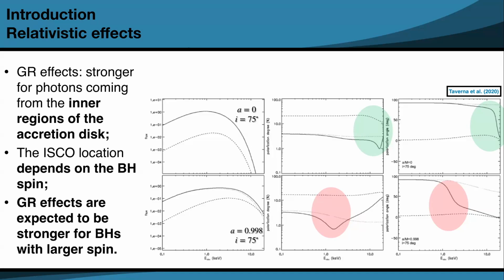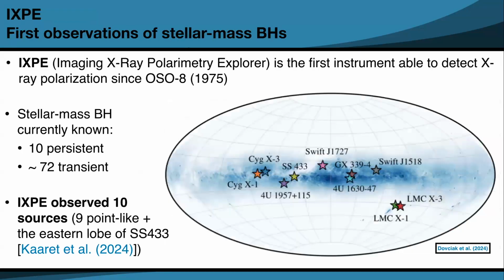So the energy at which we have this 90-degree rotation of the polarization angle and the minimum of the polarization degree can be used as a way to estimate the spin of the black hole. This is something that was never possible to do in the past. That's because IXPE, launched in December 2021, is the first instrument able to detect the energy dependence of the polarization degree in the 2 to 8 keV band.